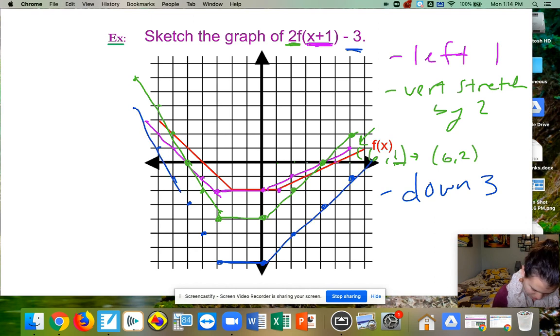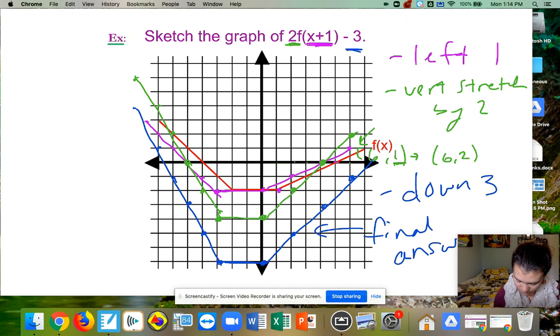So as a note, you can do all of these steps all at once if you want to. I recommend doing them separately so you can kind of keep track of what's going on. Make sure you label your final answer so I know what your answer is. Otherwise, it gets kind of complicated. You're welcome to use different colors, colored pencils, but that would be your final answer.